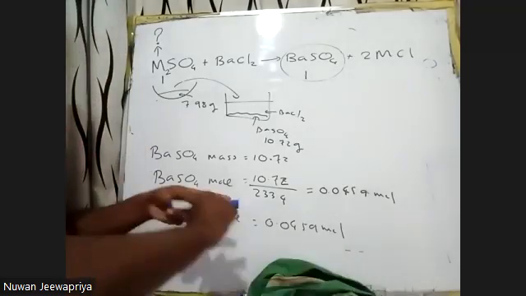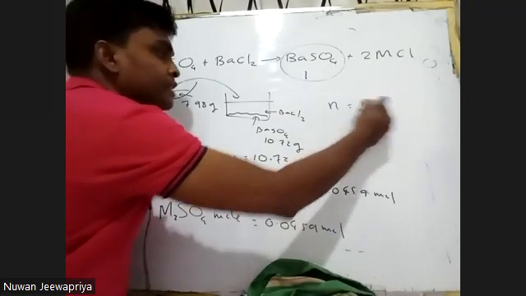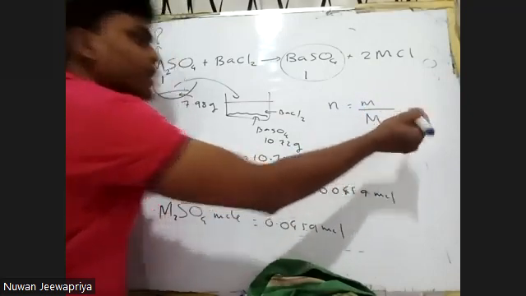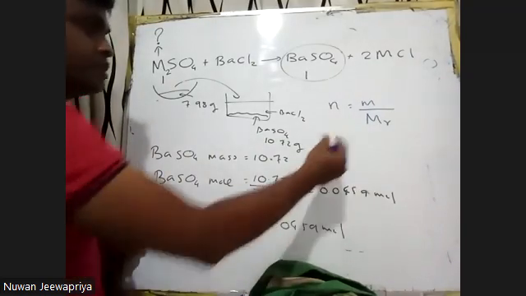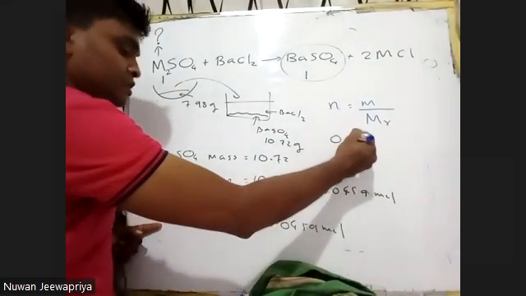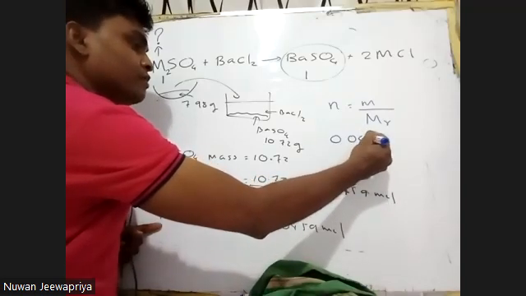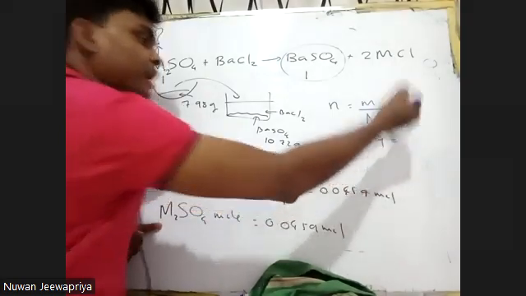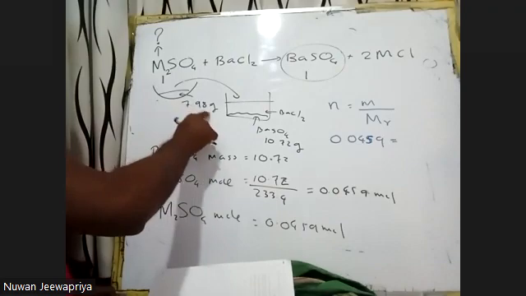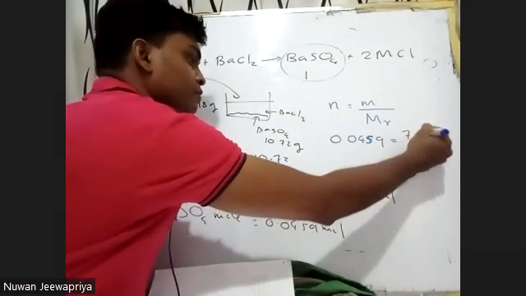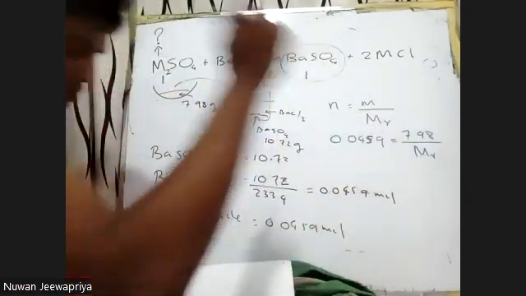Now you know moles equal mass over molecular mass. I know the M2 sulfate moles, 0.0459. The mass of that is also known, 7.98. The molecular mass is the thing that I don't know.